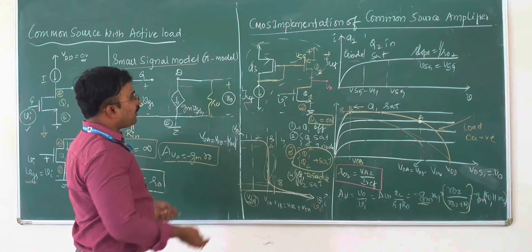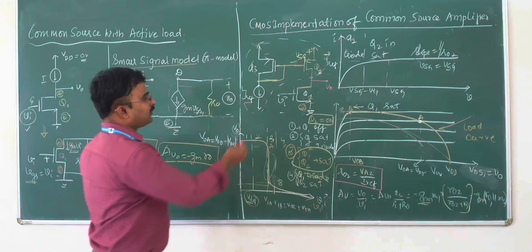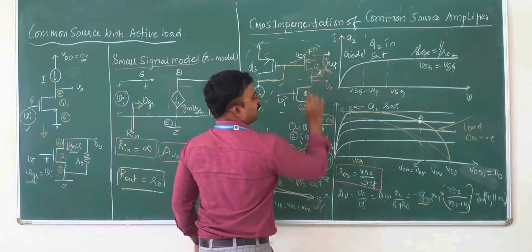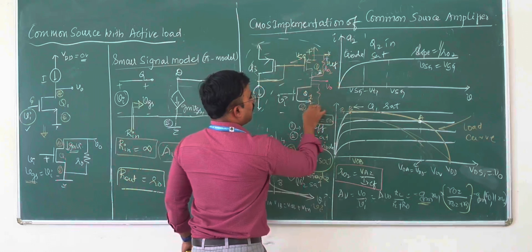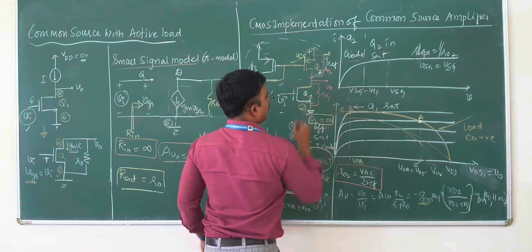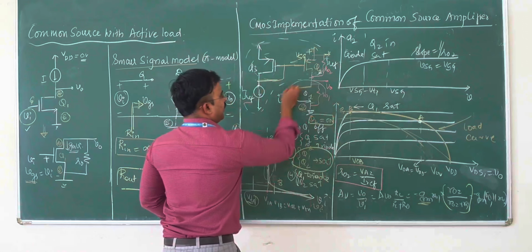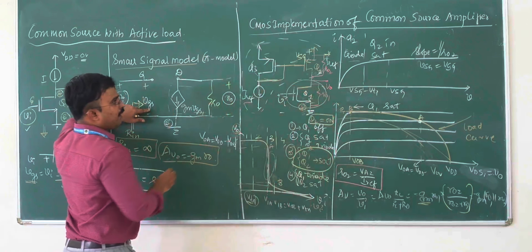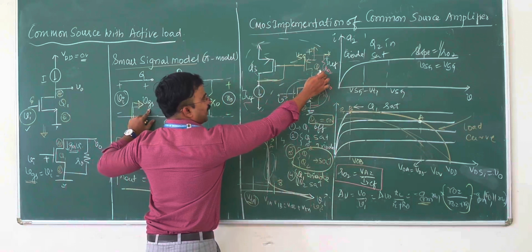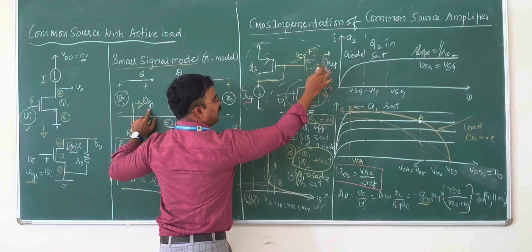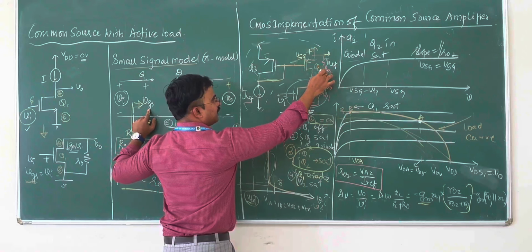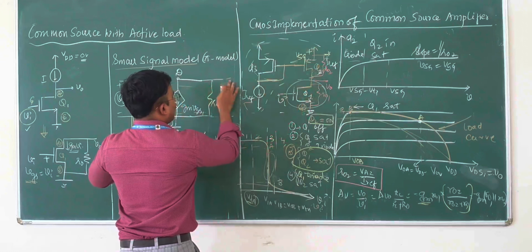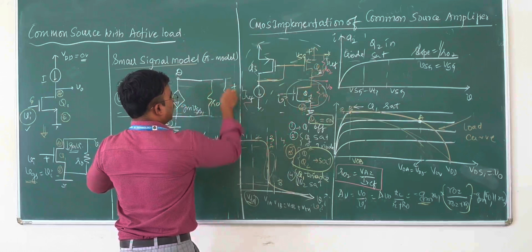But instead of doing that, you can write a small signal model for this. Consider the output resistance R02 of the second transistor and R01 of the first transistor. The small signal model of Q1 is already written here. Since the transistor Q2 has the finite output resistance R02, that will act like a load, as indicated here.